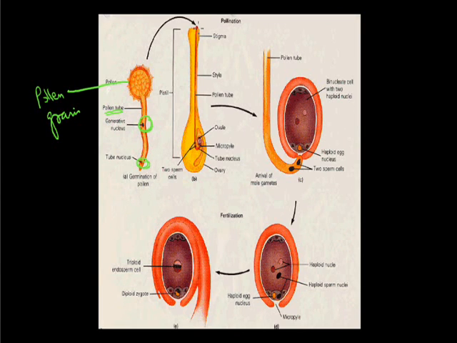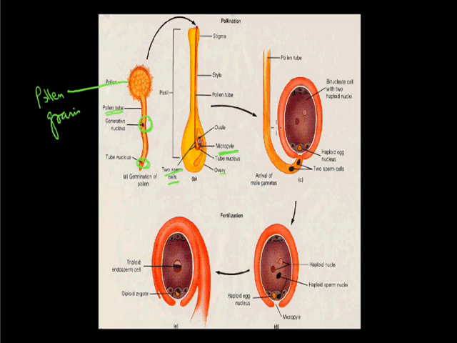When this pollen is present at the top of the stigma, this is how it travels down along the entire length of the pistil and ultimately reaches the ovule to transfer the two sperm cells which I just discussed. The pore through which the pollen tube enters the female reproductive part is called the micropyle, where the ovule is present, and this entire structure is called the ovary.